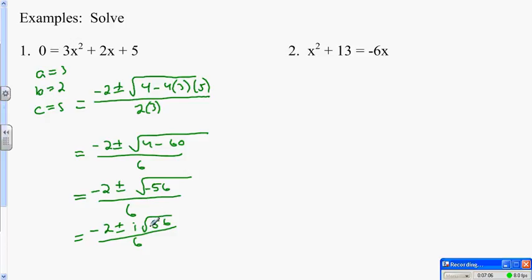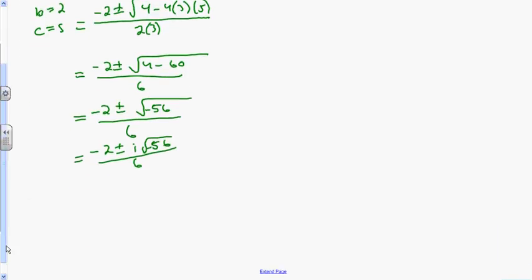And again, that's a negative 56. So how do I simplify that? Well, the square root of negative 56 is the same as, oops, I'm sorry. I took that out, didn't I? Pardon me. Took the negative out, and how do we take care of root 56?